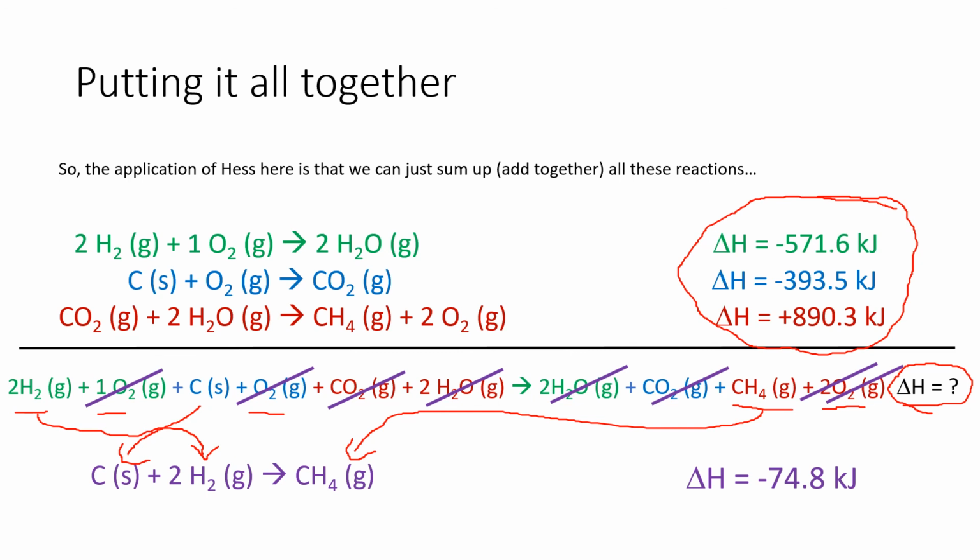Then it turns out if you look in Appendix G of your textbook, you'll see that the delta H listed for methane from carbon and hydrogen is negative 74.6 kilojoules. It turns out that this is how we experimentally determine this value.